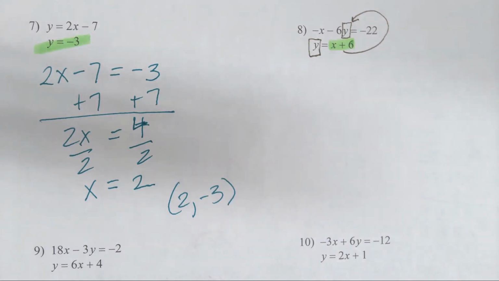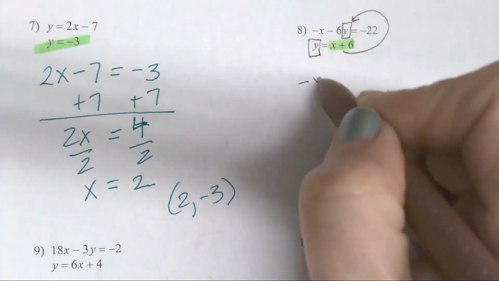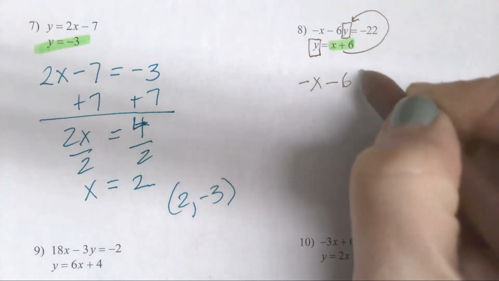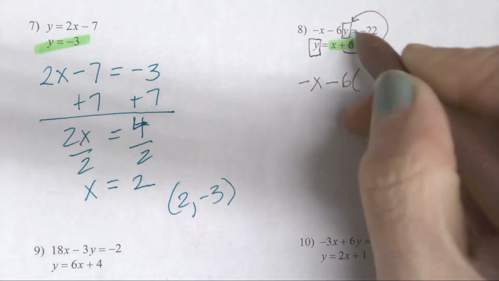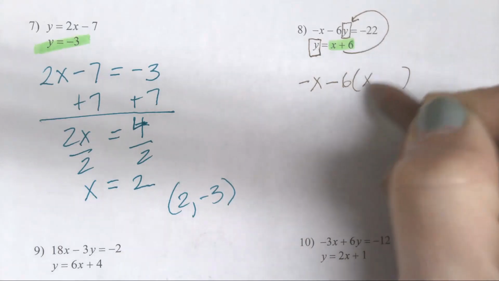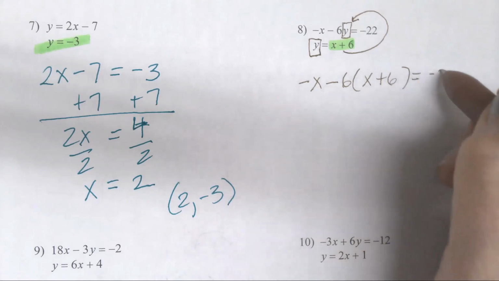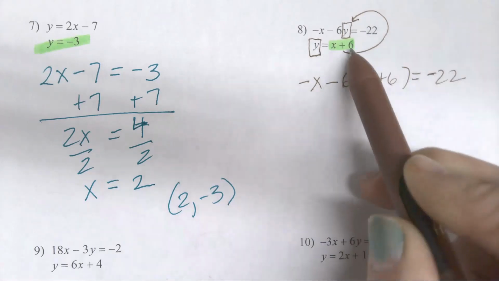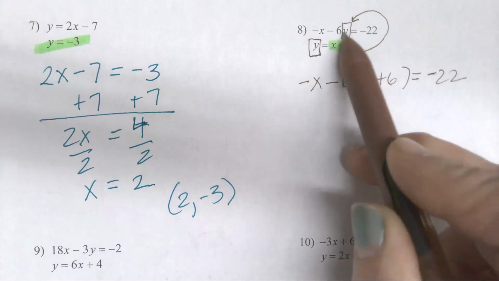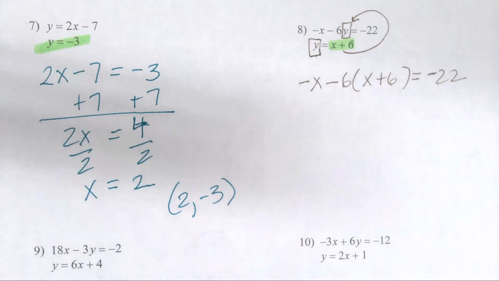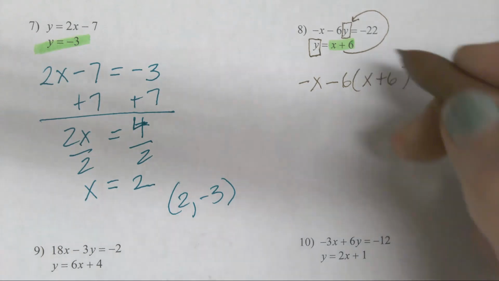So this becomes the opposite of x minus 6, not times y, but times x plus 6 equals negative 22. So I just took the x plus 6 that the y equals and put that in for y. Now we have a problem like we did in the 3 and 4 when we just started class. So I distribute.